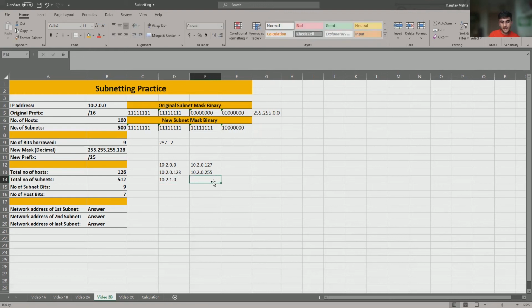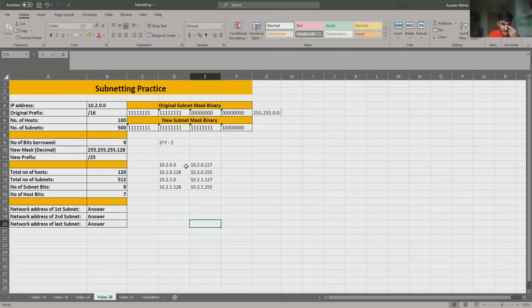And this one will be 10.2.1.127, and then 10.2.1.128 and 10.2.1.255. So this is how our range goes.